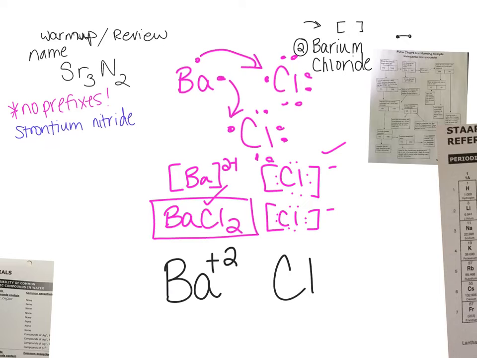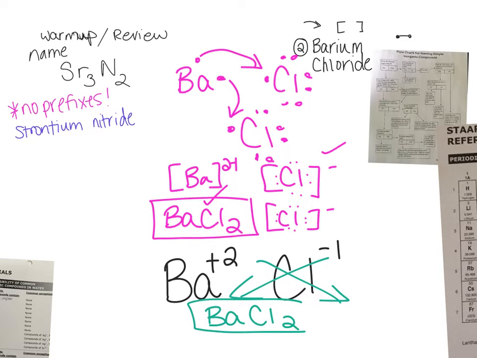And then chlorine is 1 away from being a noble gas, so he is a -1. And you would take those 2 and you would crisscross them. So being ionic, you're allowed to crisscross charges. And so you would end up with BaCl2. Okay? All good still? All right, cool.